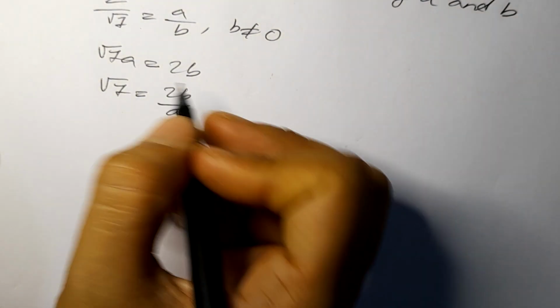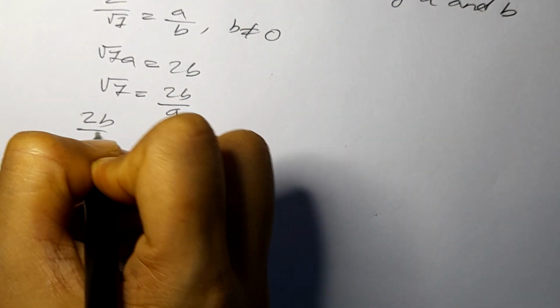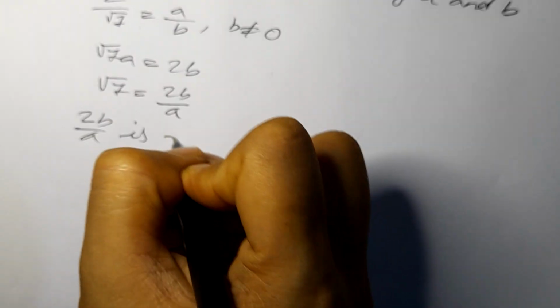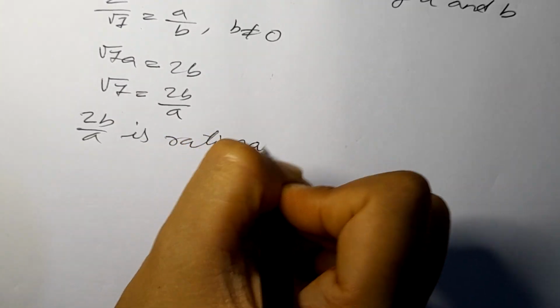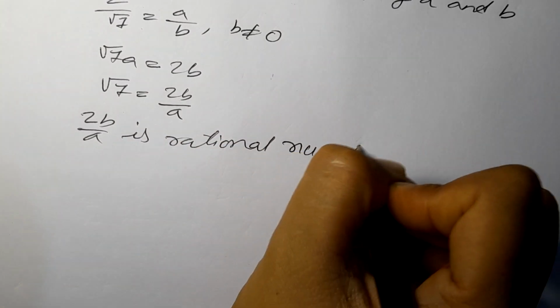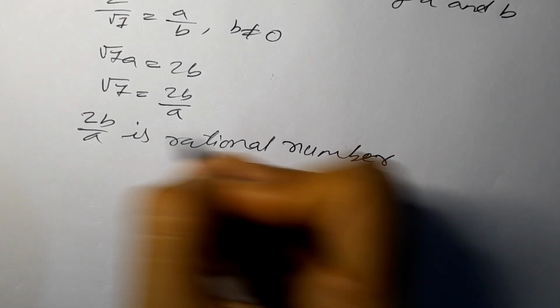Since 2b by a is in the form of a fraction, it is a rational number.